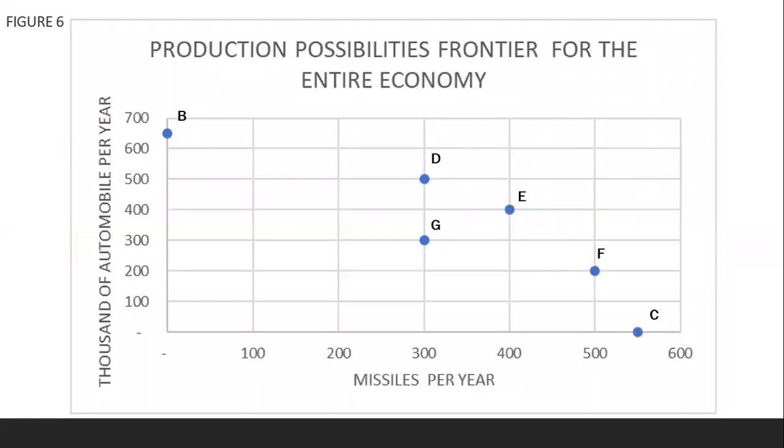As you can see in this graph, the production possibility frontier for the entire economy starts from point B, followed by point C, down to point D, point E, point F, and point G.